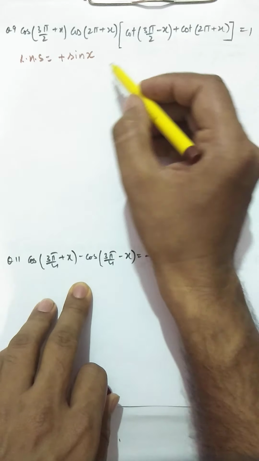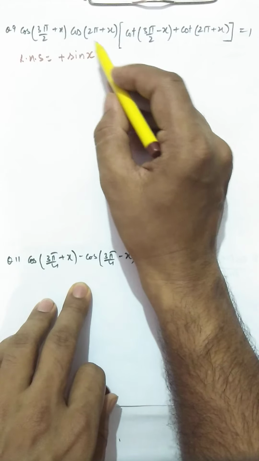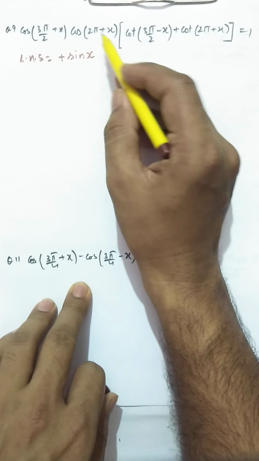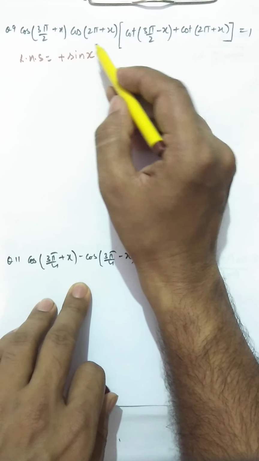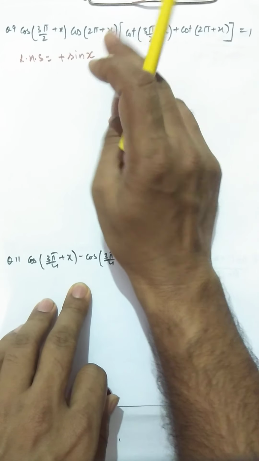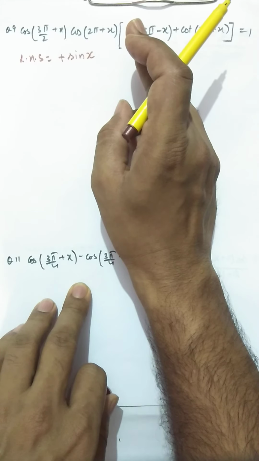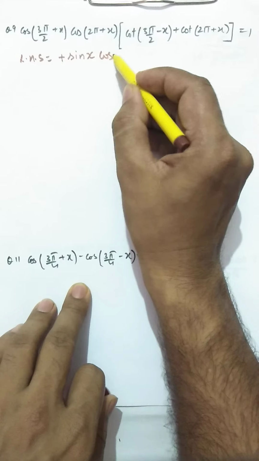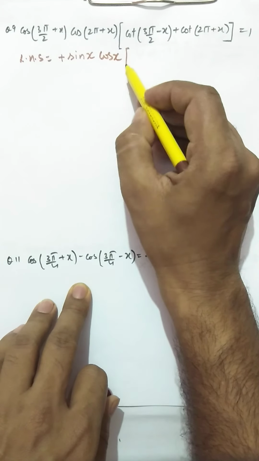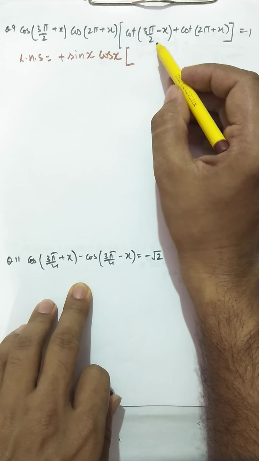So cos 2 pi plus x will be positive, because in first quadrant all signs are positive, and cos will not change because the base is 2 pi. The function changes only at 90 plus minus theta and 270 plus minus theta, so the function will not change, and it becomes cos x.